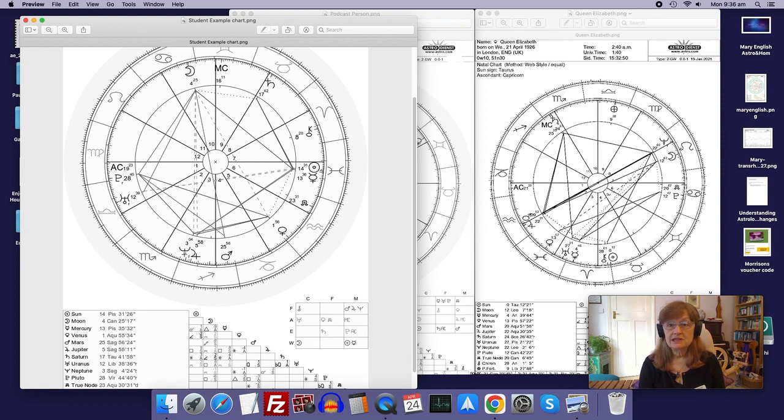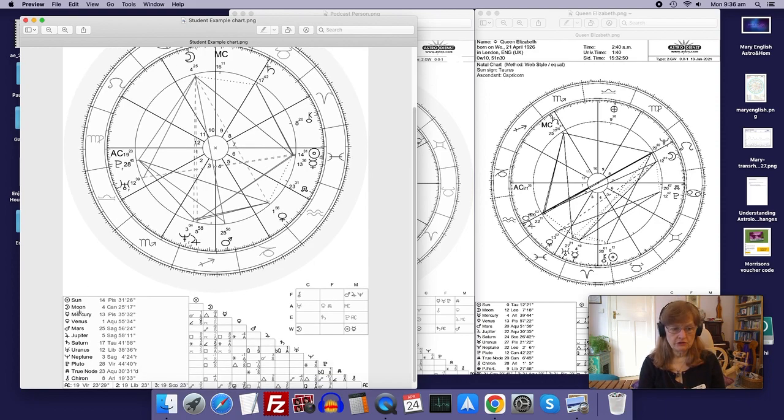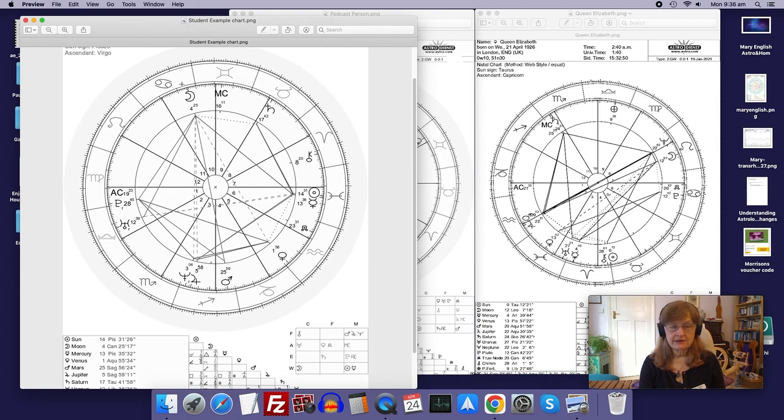You could then literally by hand, by drawing this all out with a piece of paper and a pencil, add in the planets, because we know that the moon is 4 degrees Cancer, so it has to go up here. This is the sign of Cancer. The house starts at 19 degrees Gemini, so if our moon is 4 degrees Cancer, there's still enough Cancer left to plop it in there.